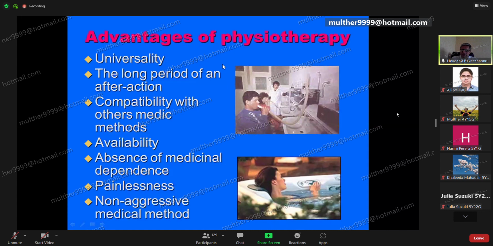And these methods are physiological because their action is associated with soft influence or non-aggressive intervention. As you can see here in the bath, even hydromassage is not aggressive. It's more pleasant than aggressive.